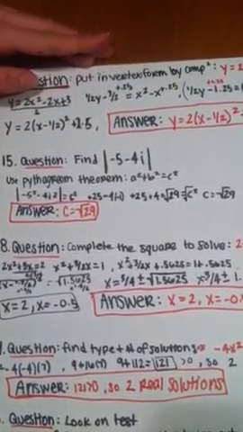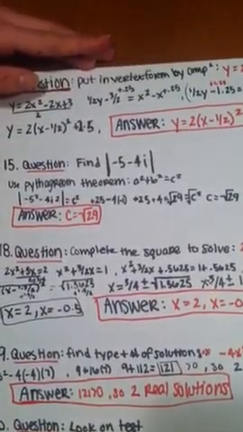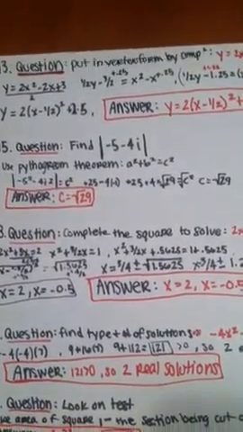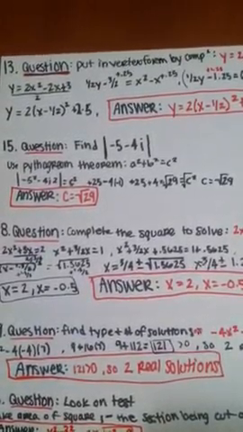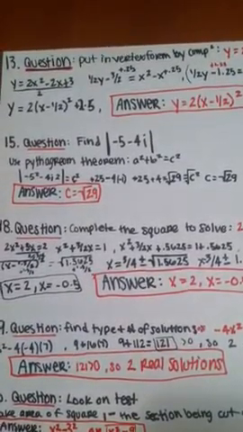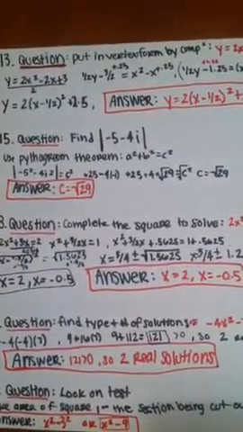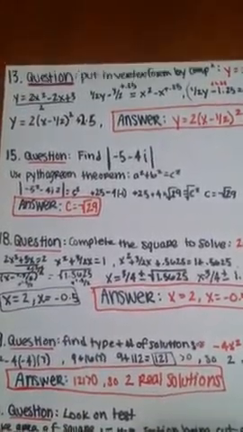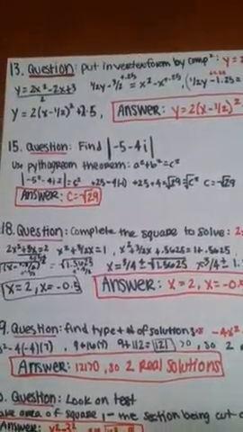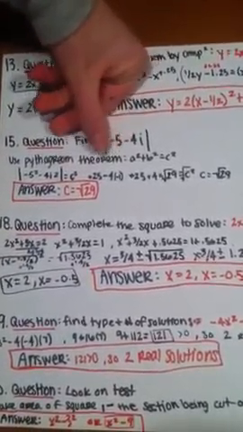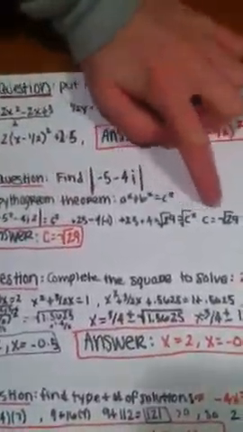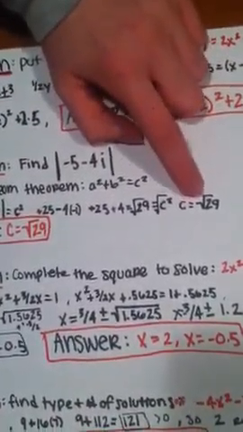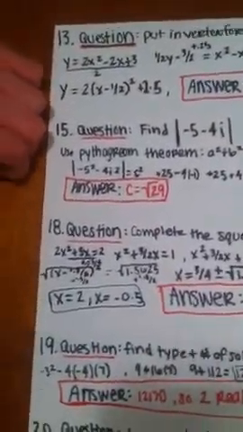So I put that on a graph, or you don't even have to put it in a graph, but you have negative 5 is the length of one side, and then negative 4i is the length of another side, and you have to find the hypotenuse using the Pythagorean theorem to find the answer, because you have to find the difference between the two. So after you solve that out, using a squared plus b squared is equal to c squared, you get c is equal to the square root of 29.